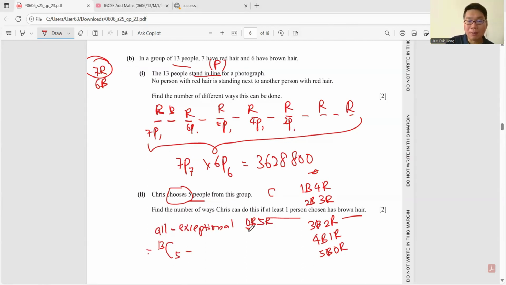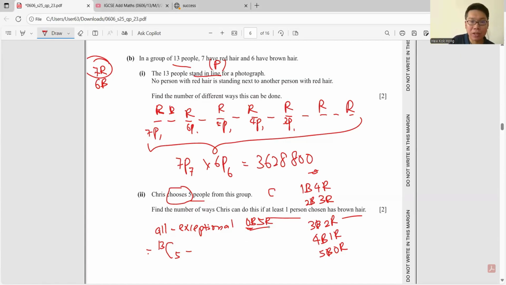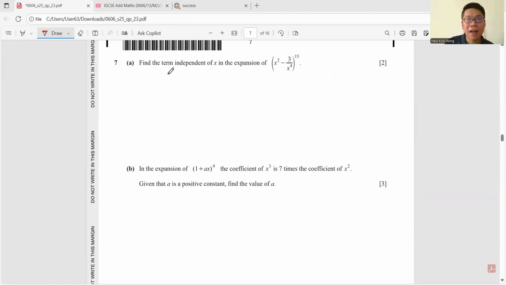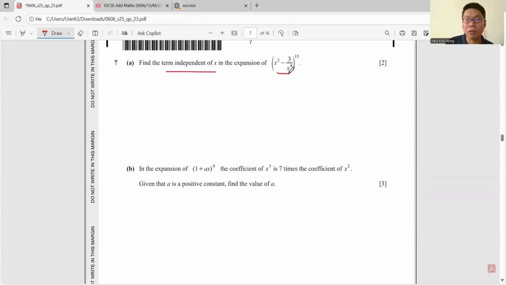So all means 13C5. Exceptional is no brown, 5 are red. So we do not need to count the no brown because it's just 1. 5 red means 7C5. Then key in the calculator, you will get 1266. 2 marks.